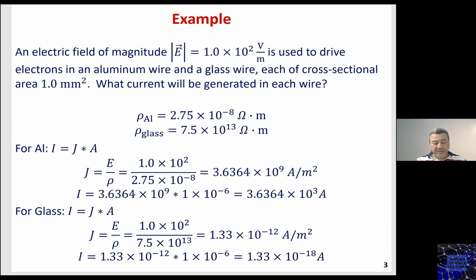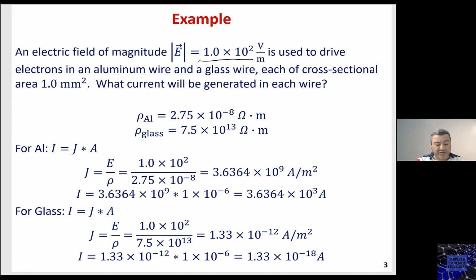So let's look at this example. Here we have an electric field of magnitude 100 volt per meter, or Newton per coulomb, it's the same. It is used to drive electrons in an aluminum wire and a glass wire. So we have two wires: one is a conductor, and the other is an insulator.